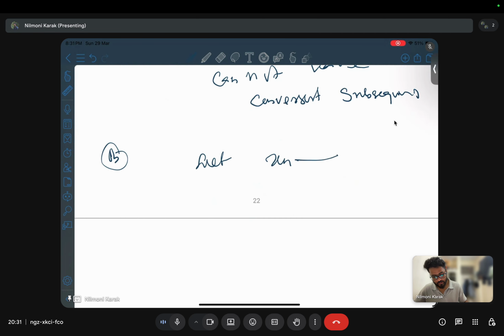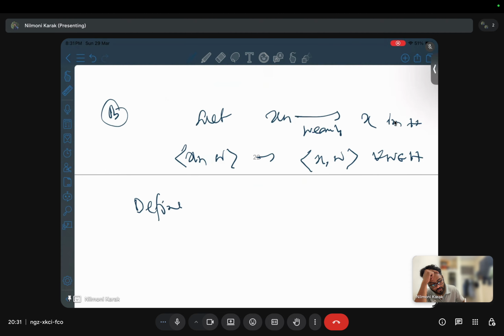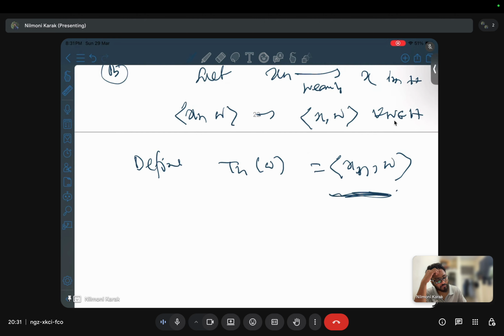Let xn converge weakly to x in H. So we have weak convergence: <xn, w> converges to <x, w> for all w in H. Now define Tn(w) equals <xn, w> for all n, and each Tn is a bounded linear functional.